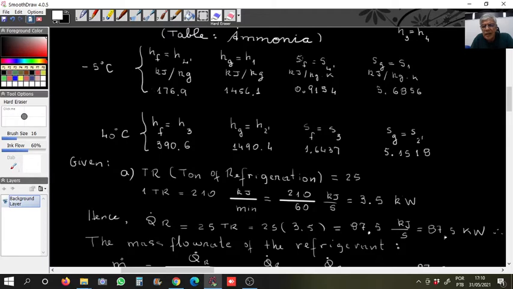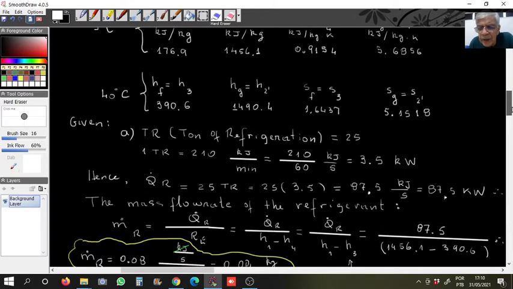That's the enthalpy. All these are on the table. I can find them out in the table. Likewise for 40 degrees, I have the same procedure to get those numbers. There is no derivation here to obtain this value.